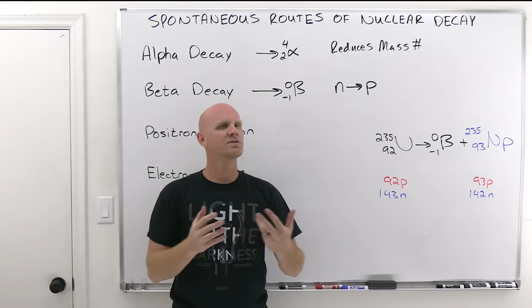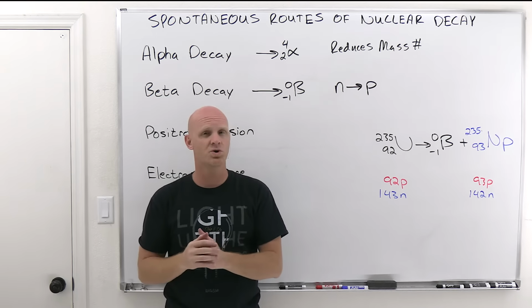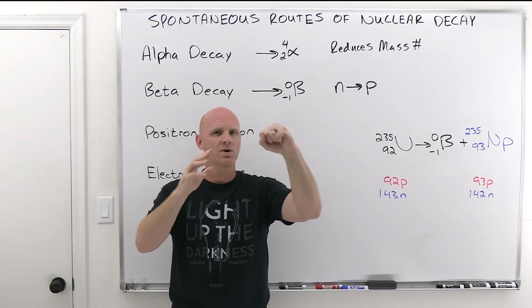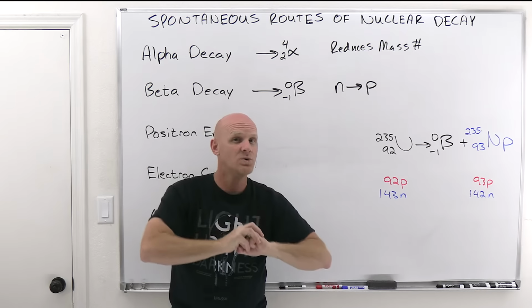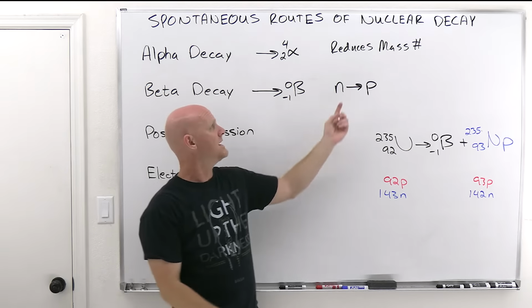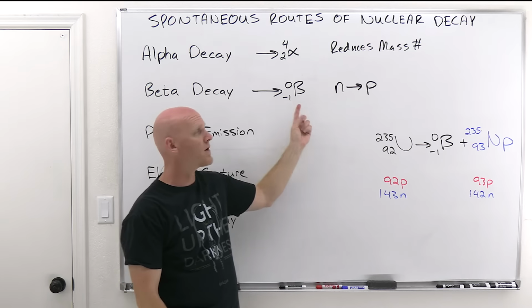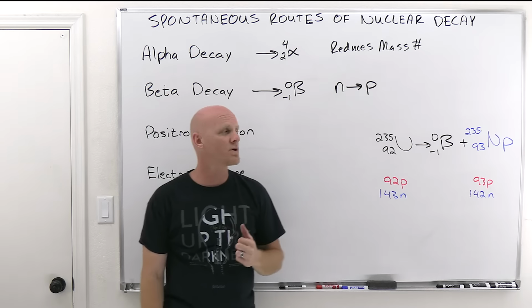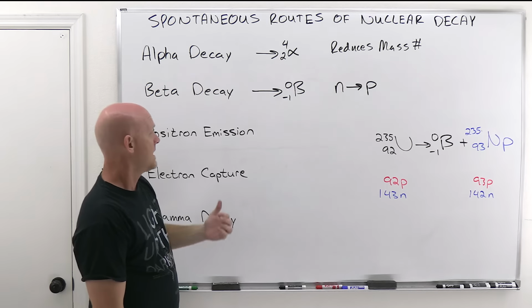So no charge, weighs close to 1 AMU, that's a neutron. And so if you take this neutron that you might think of as being functionally equivalent to a proton-electron combination, and you eject away that electron, well, what do you have left behind? Well, you have a proton. And so that's why when you eject out that beta particle, you've functionally in that nucleus converted a neutron into a proton. All right, and that's worth knowing.